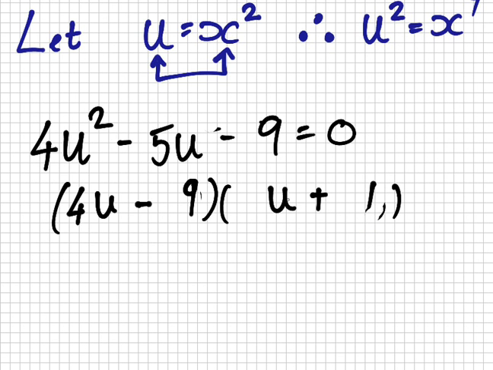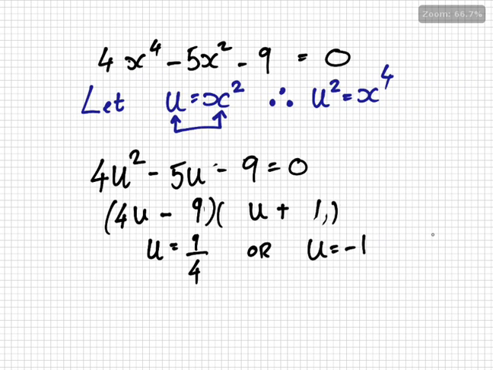So we got two answers here: u equals 9 over 4, or u equals minus 1. Now, we have to remember that u equals x squared. So we get x squared equals 9 over 4, or x squared equals minus 1.